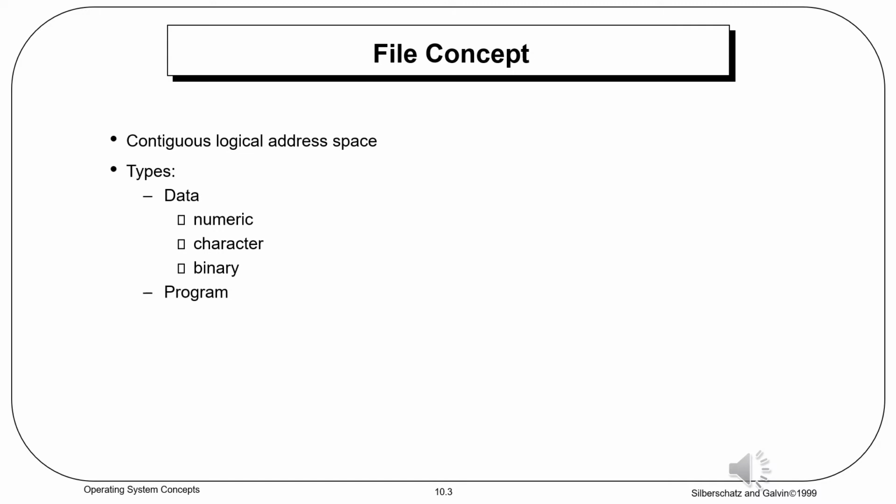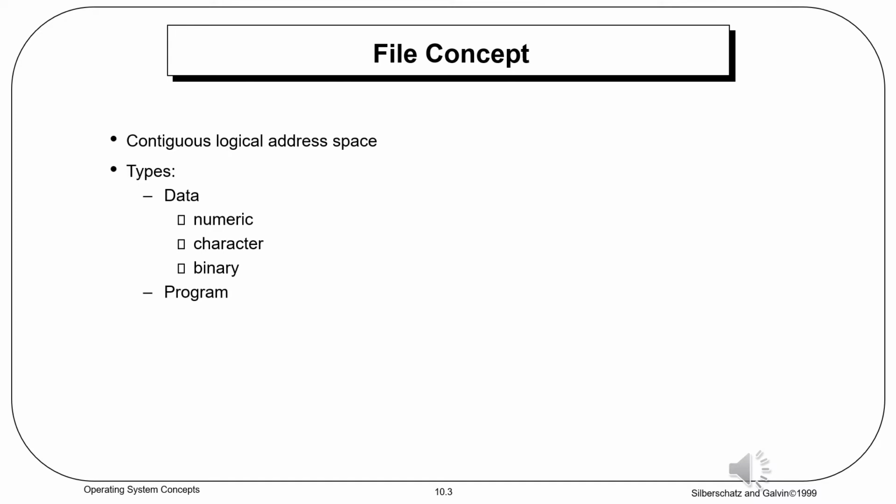Many different types of information may be stored in a file: a source program, object programs, executable programs, numeric data, text, records like employee payroll records, graphic images, sound recordings, and so on. All these data can be stored in a particular file.